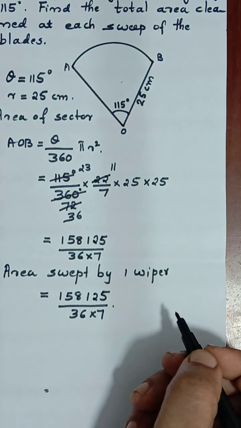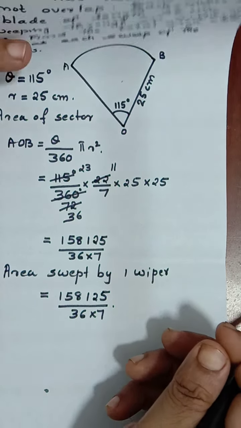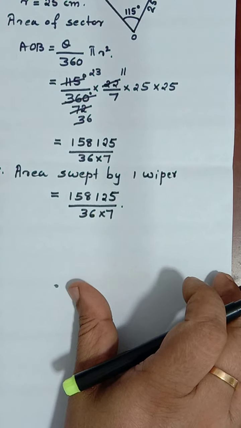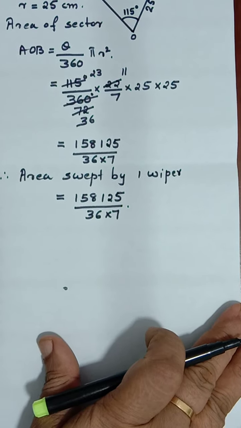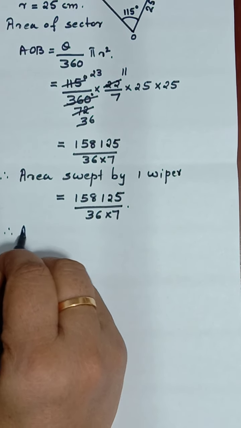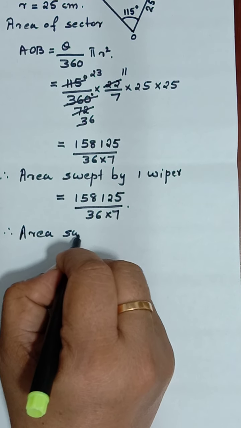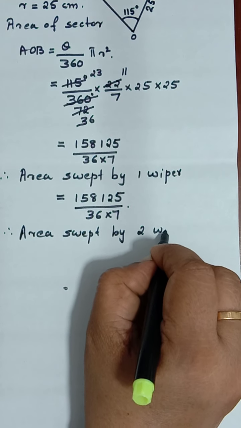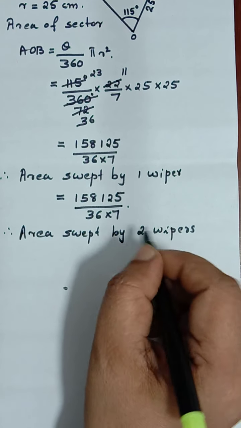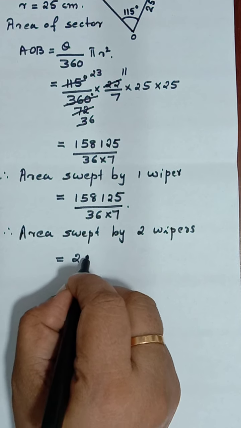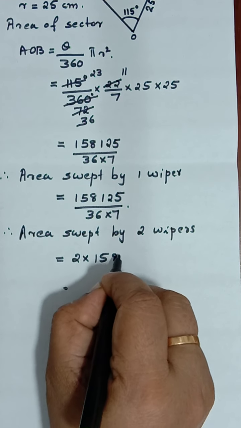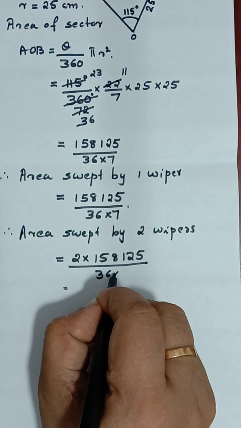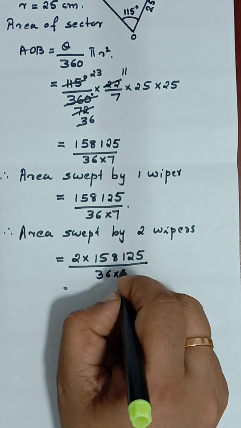Next step we will multiply. Therefore area swept by 2 wipers. We have to write it as 2 into 1,58,125 divided by 36 into 7.